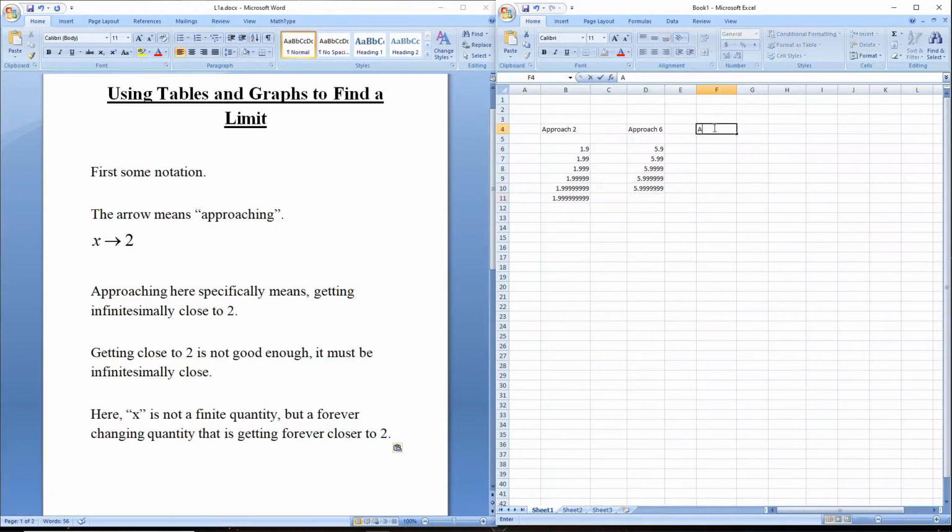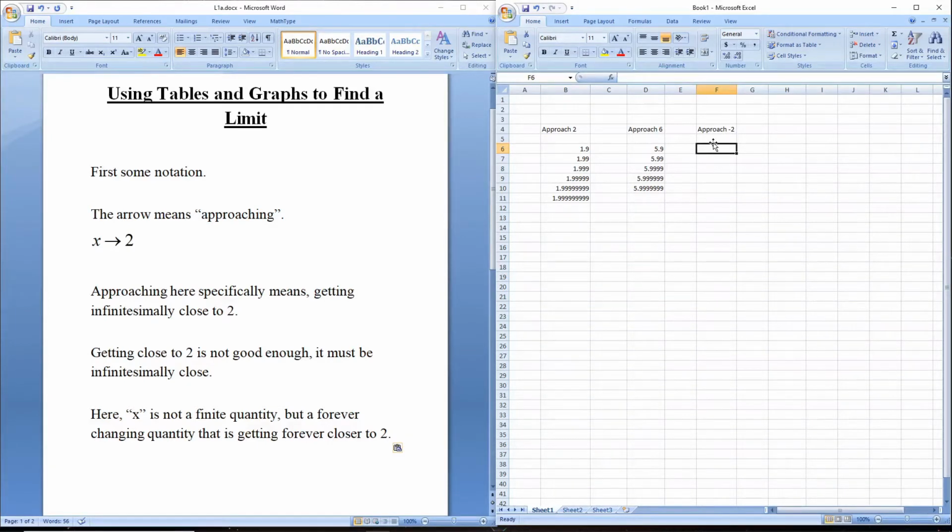So how about, say, we want to approach minus 2. Now, if you look at the previous examples, I've been approaching from the left on a number line. So I approached 2 from the left. I approached 6 from the left. So let's also approach minus 2 from the left.